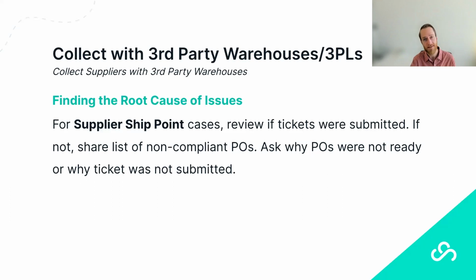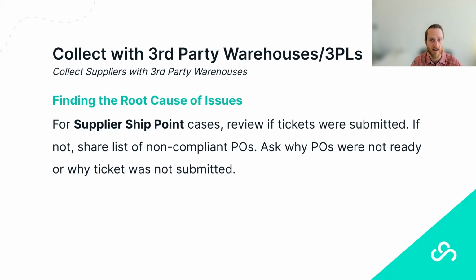So if this is happening to you, and you do have third-party warehouses or even just warehouses of your own with different teams, then it can be helpful to share that list of POs where Walmart is blaming and even potentially fining you for supplier ship point for saying that the product was not ready. So you can start that conversation by saying, here's the list of POs where Walmart was unable to pick up.